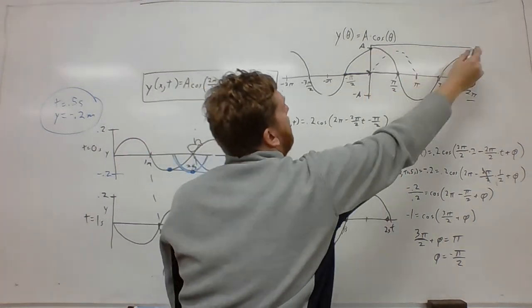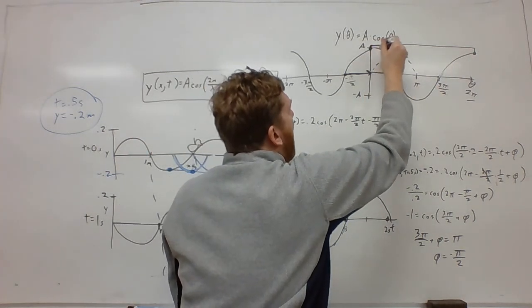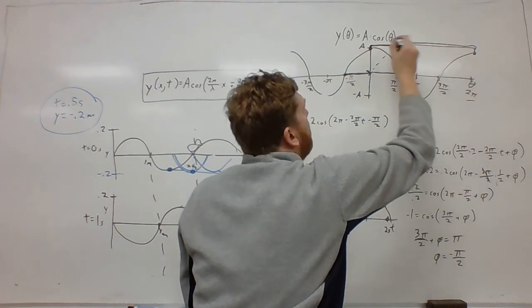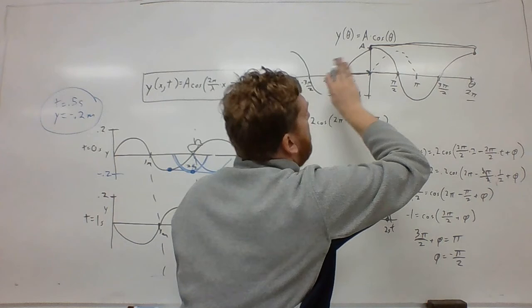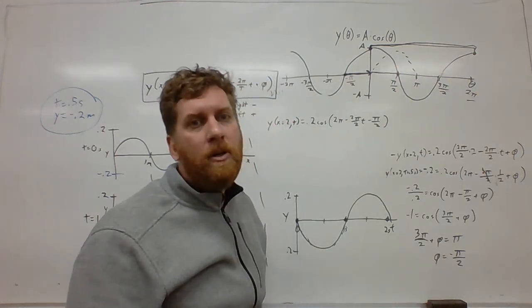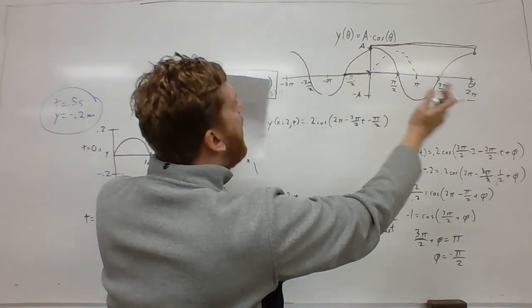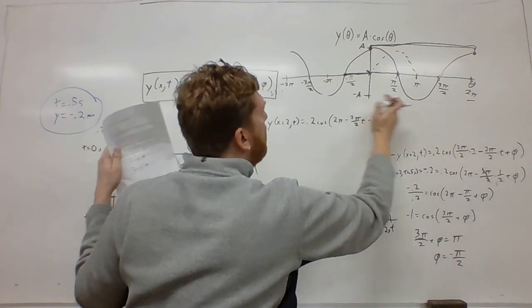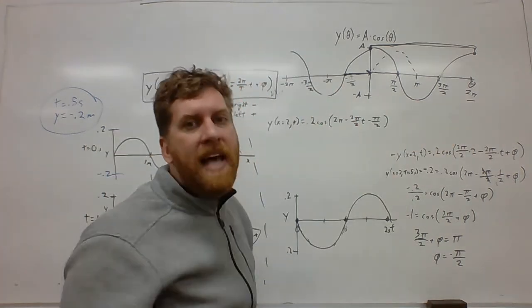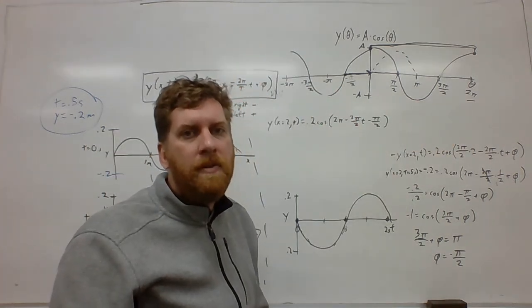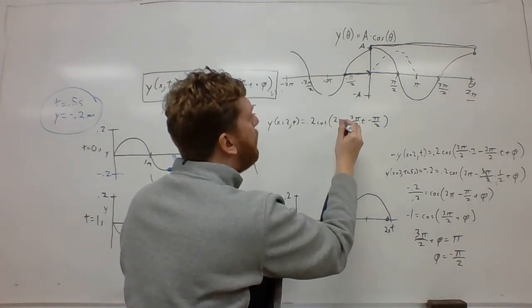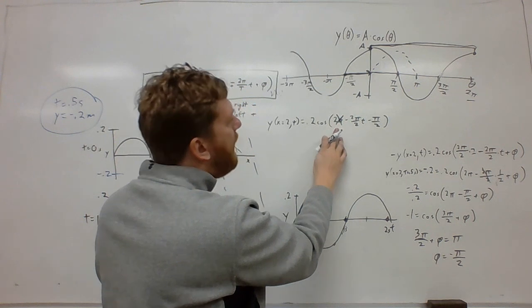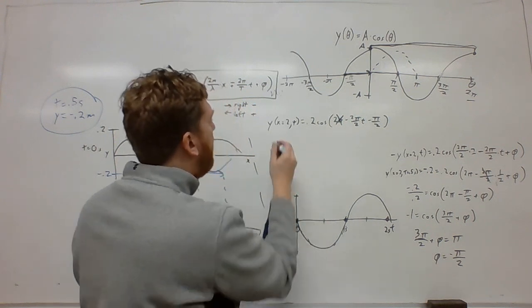You see I drew a line up here. When I add 2 pi to my argument, I'm going from one peak to the next peak. I'm moving by an entire cycle. And if I shift this entire graph by one cycle, by 2 pi, it looks exactly the same. It doesn't change the appearance of the graph. So we can add and subtract 2 pi from this argument as much as we want. I'm going to subtract 2 pi from it, and that's why I'm going to cross that out.